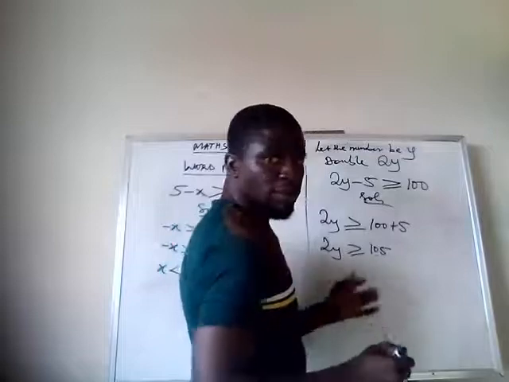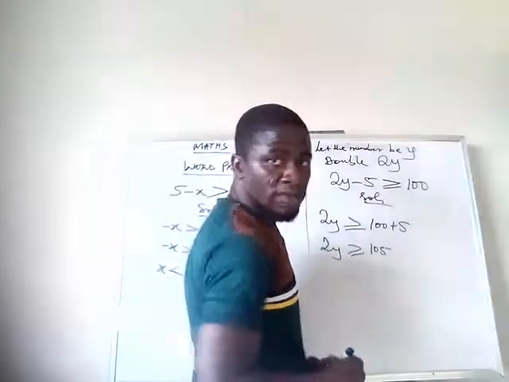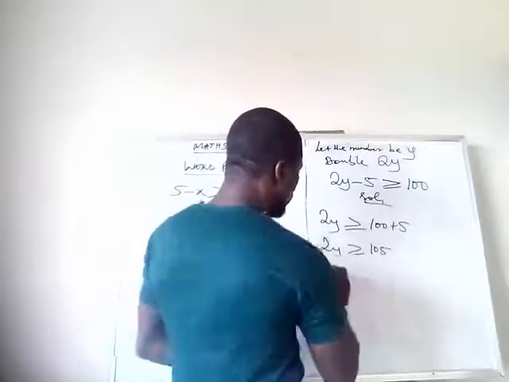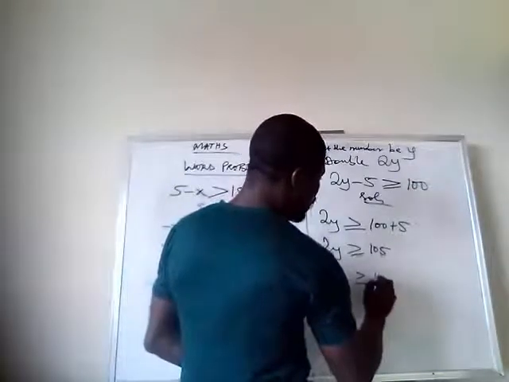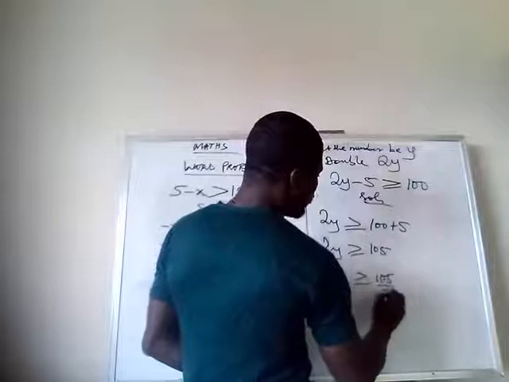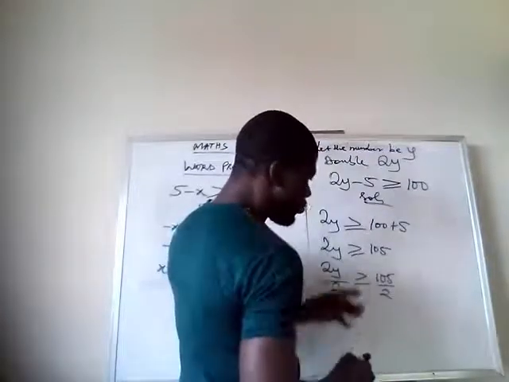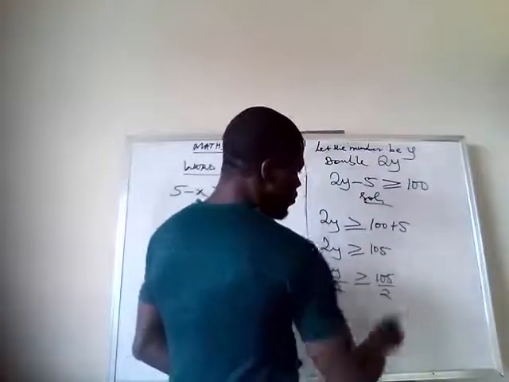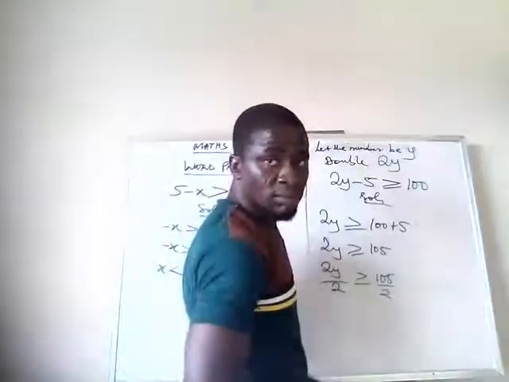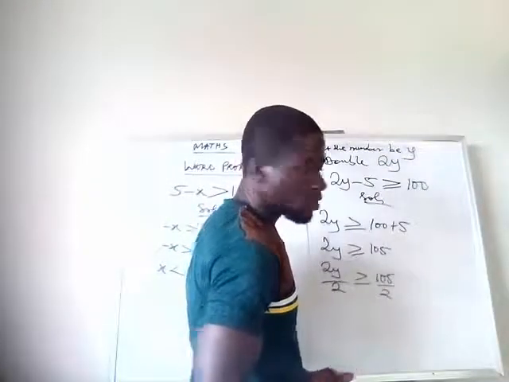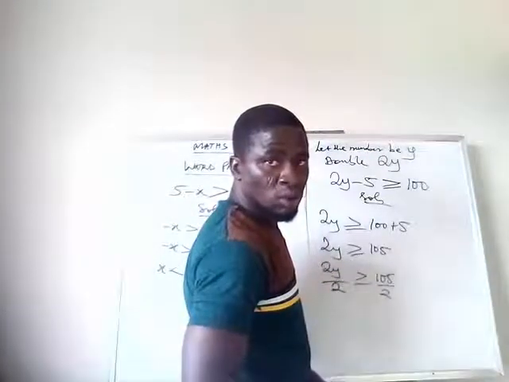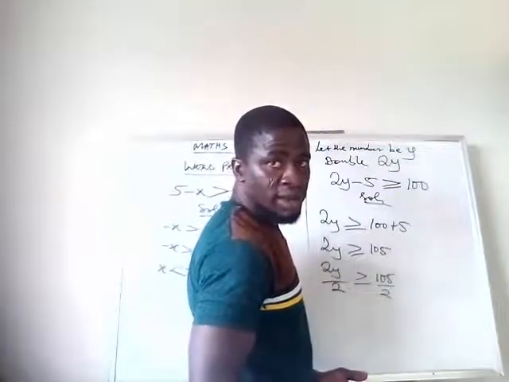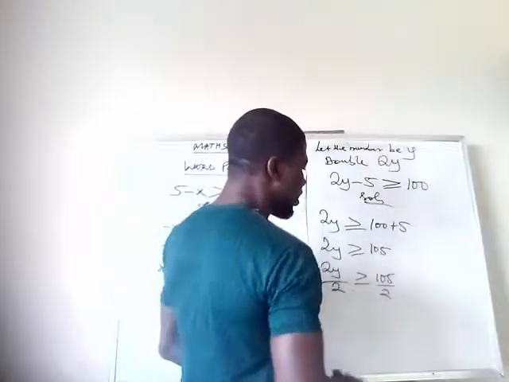So we divide both sides by 2. When we divide both sides by 2, we have 2y over 2 is greater than or equal to 105 over 2. When you divide 100 by 2, it will give you 50. You divide 5 by 2, it will give you 2 remainder 1, so you take it as half.